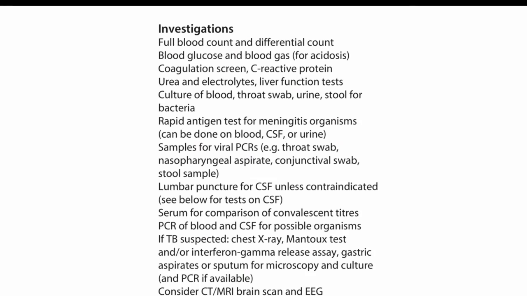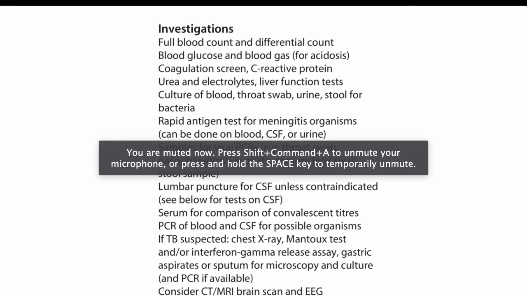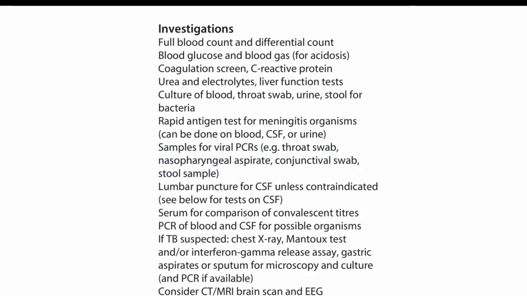PCR we need to do on a CSF sample, and sometimes on a nasopharyngeal aspirate, or from the stool, because as we mentioned, some causes of meningitis are viral, and the most common viruses are enteroviruses. If you find enteroviruses in the nose and stool, and you see CSF parameters with low glucose, high protein, high white blood cells but mainly lymphocytes, that's indicative of viral meningitis.